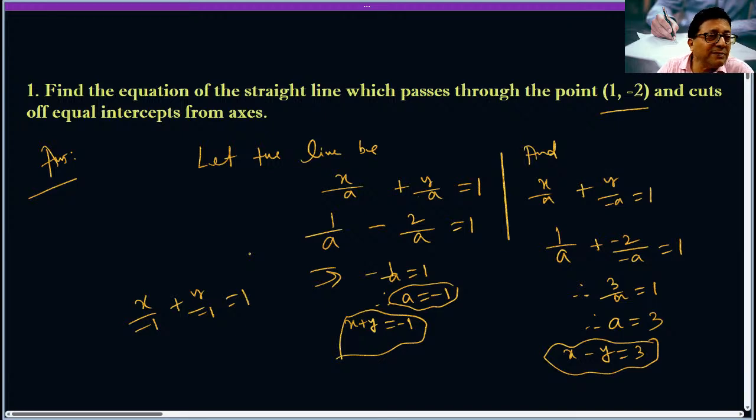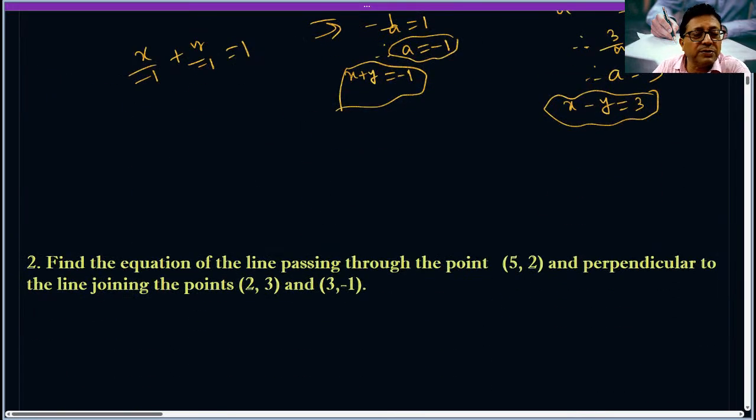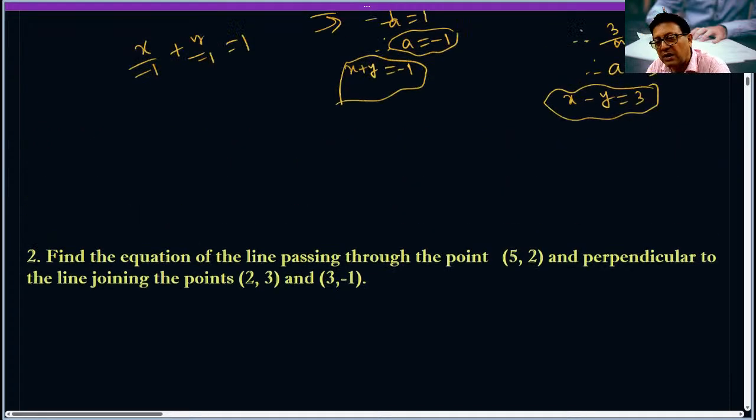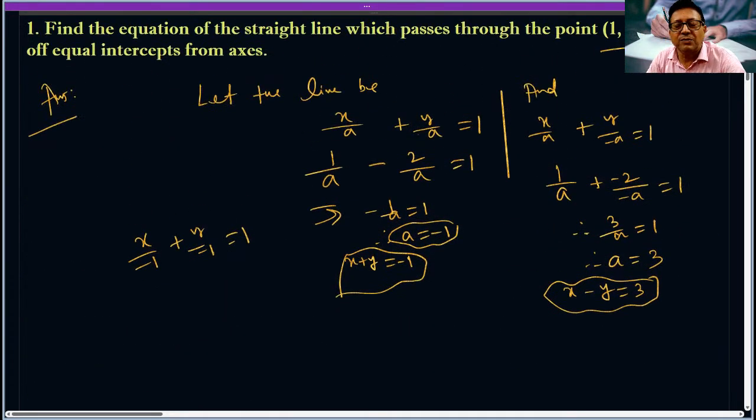So multiply both sides by the minus sign. Why are you confused? a is minus 1, so in both cases we will put minus 1 only. Go for the next one. Find the equation of the line passing through this. You please check the calculation later.